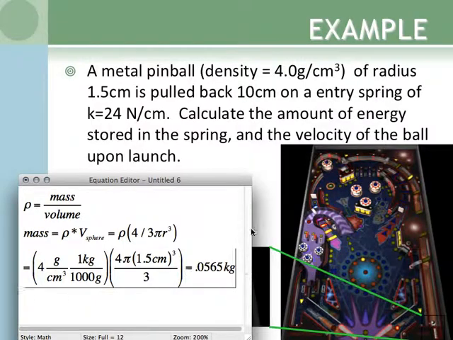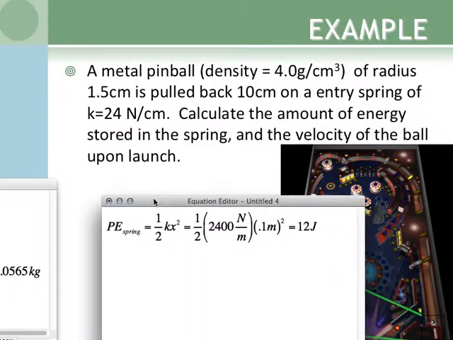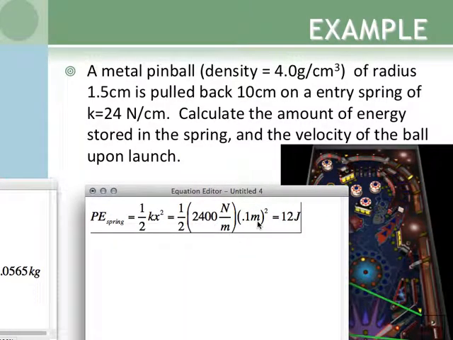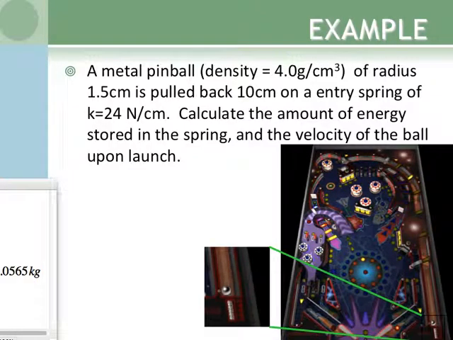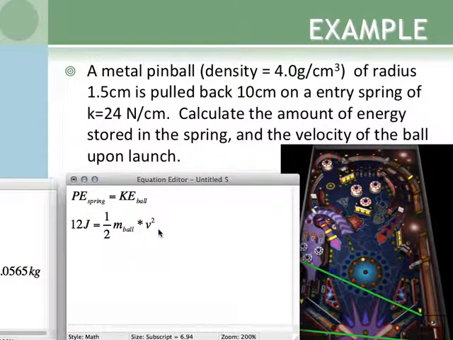There we go. So now we ought to be able to use our equation over here, the one we were working on that had a mass in it. So let's rewrite that. We've got 1/2 times the mass, 0.0565 kilograms, times v squared.